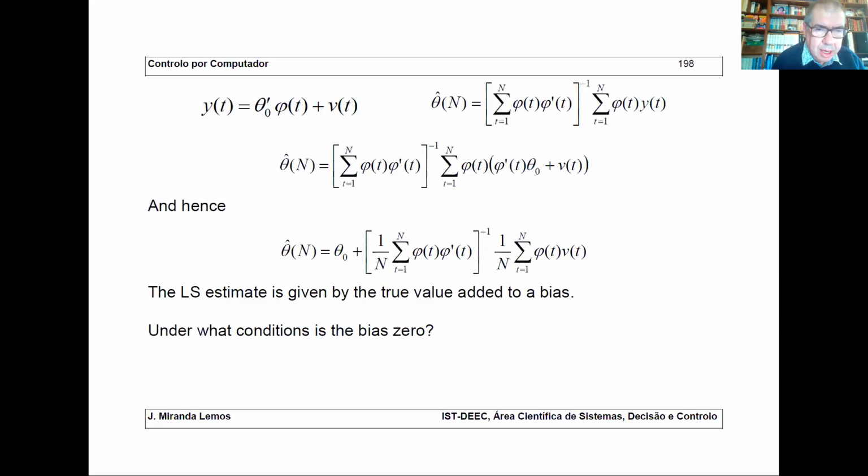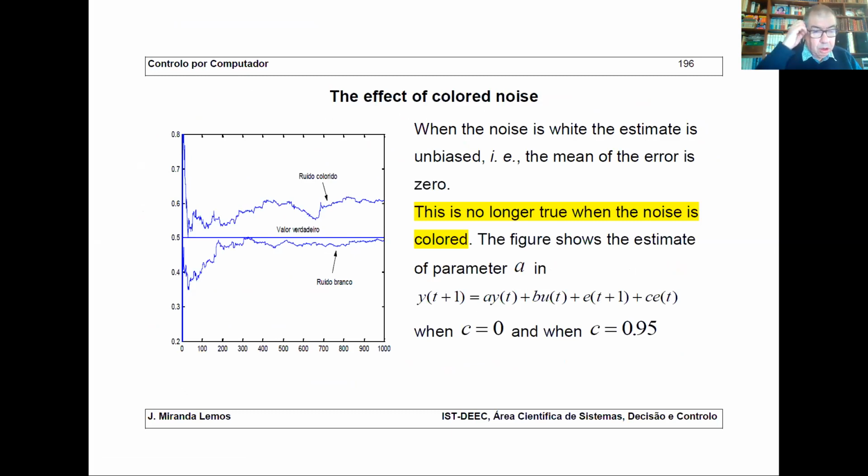Let's start by recalling one example that we saw. In this example, I showed that whenever we have colored noise, and look here at the model, the noise is colored because it has a component related to the previous innovation E of t.